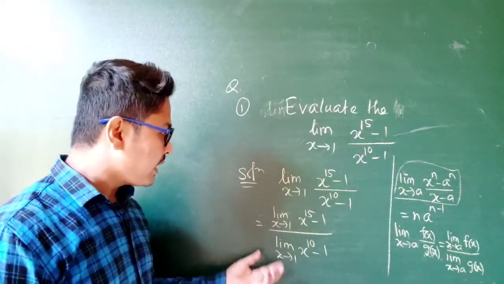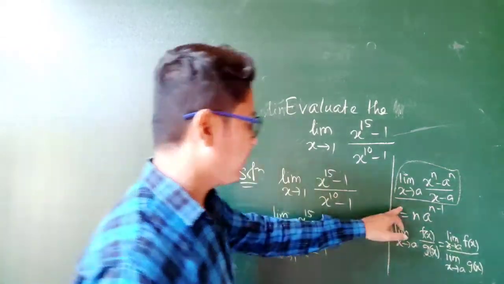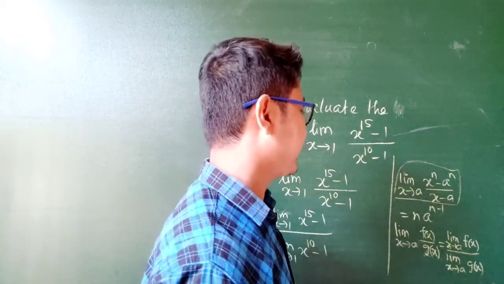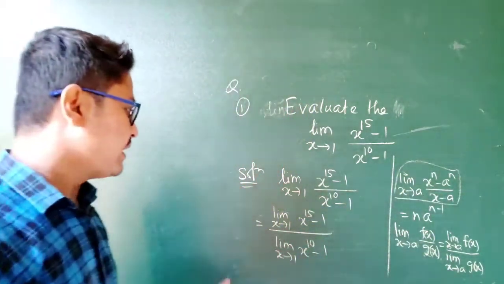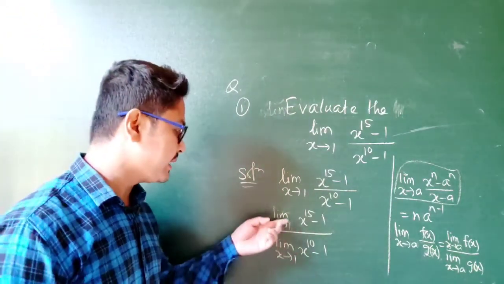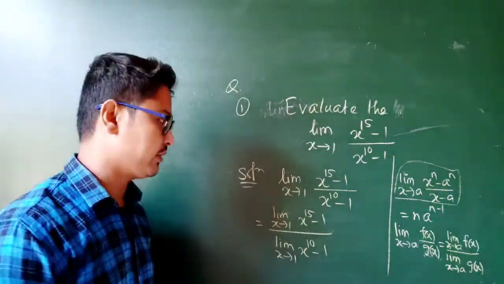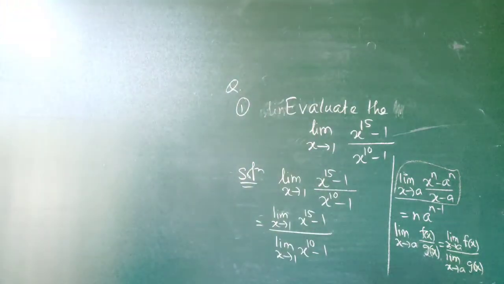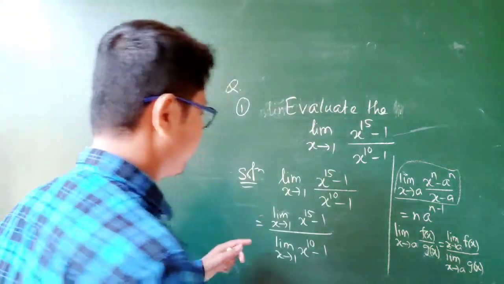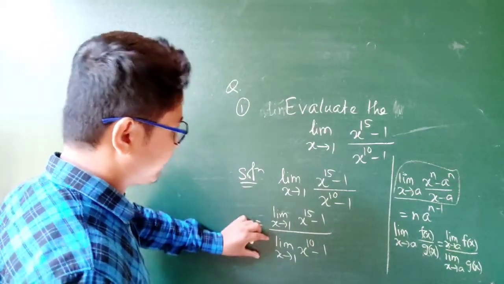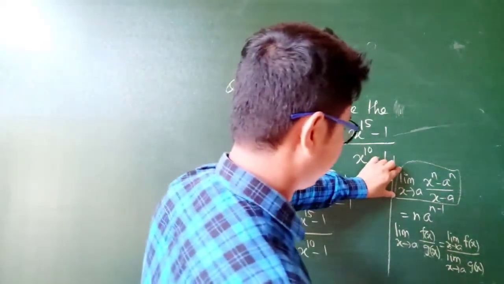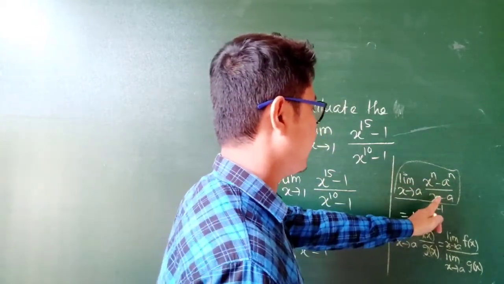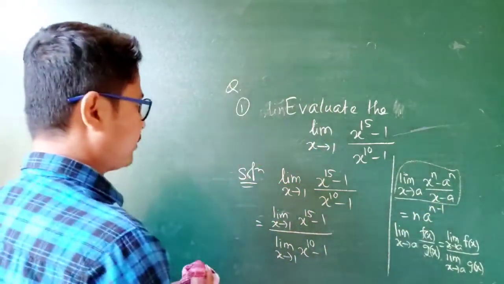So now if we want to use this formula, limit x tends to a, x to the power n minus a to the power n divided by x minus a, we need to modify a little bit this numerator and denominator. So how we modify it? Just follow me and you can easily convert this numerator and denominator to the structure of this formula. Just follow me.